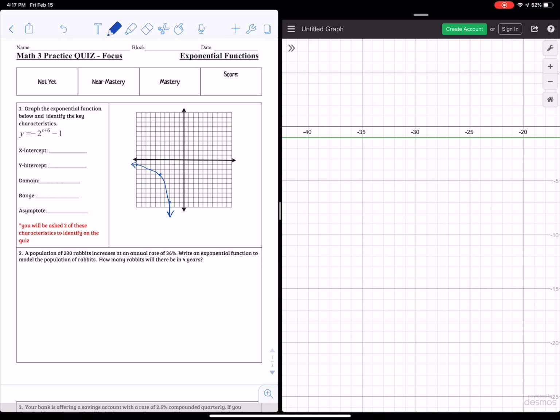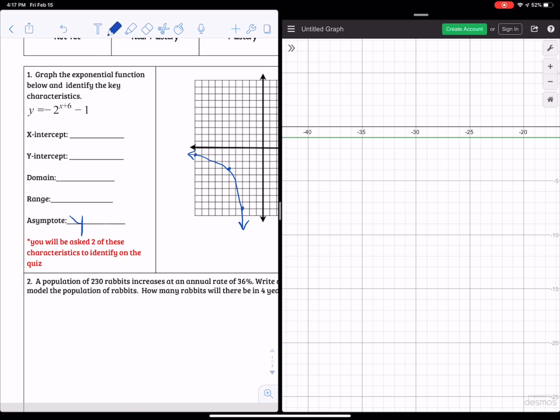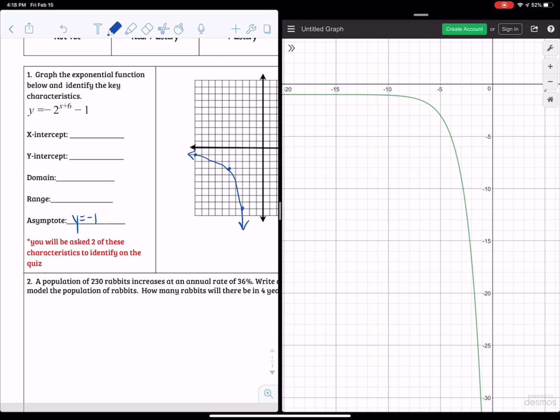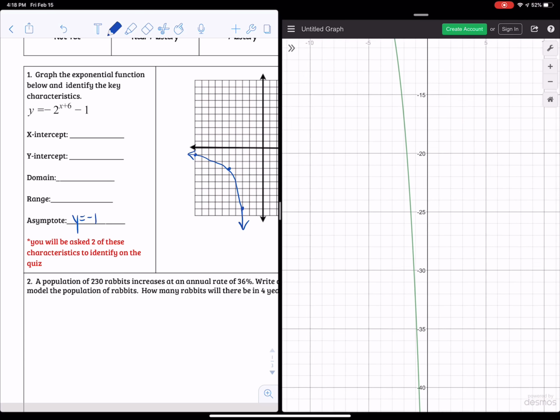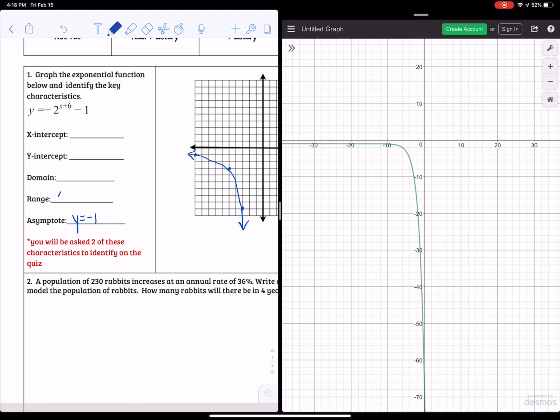So let's write the asymptote is at y equals -1. And then the range would correspond with that because the range goes from -infinity, as you can see, up to -1. The lowest point on the graph for the y is at -infinity because it never actually stops.